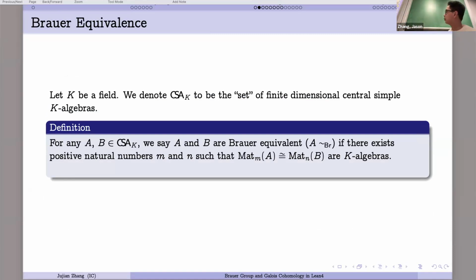Then we can start to define what the Brauer group is. First, we define the equivalence relation that we are going to quotient by. I will use CSA to denote the set of all finite dimensional central simple K-algebras. It's actually not obvious why this is a set, but in fact, it is a set. In Lean, when you define this structure, if all your K, A and B are in type 0, this thing will have type 1.